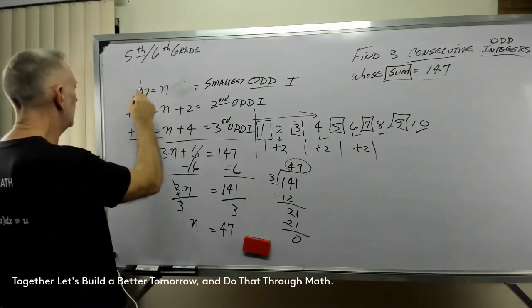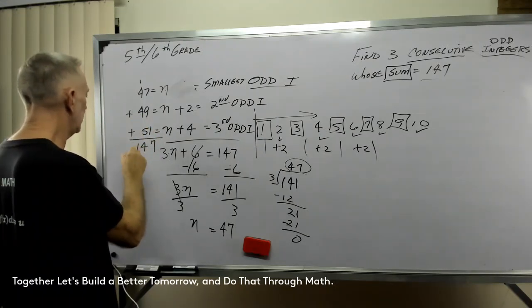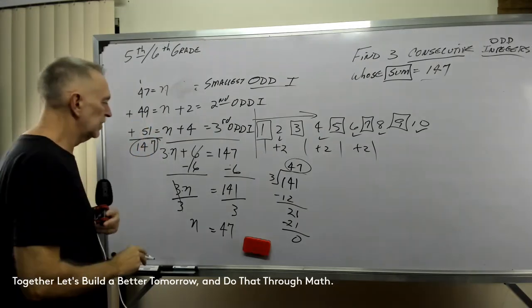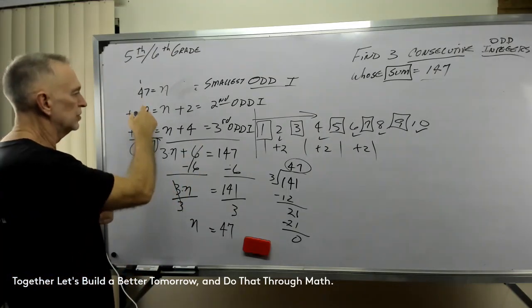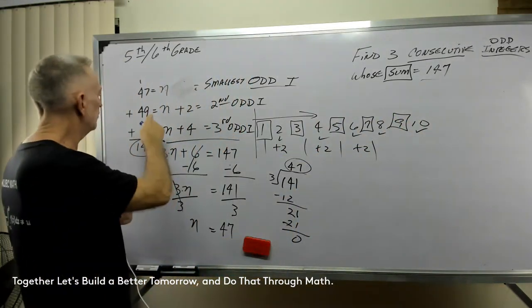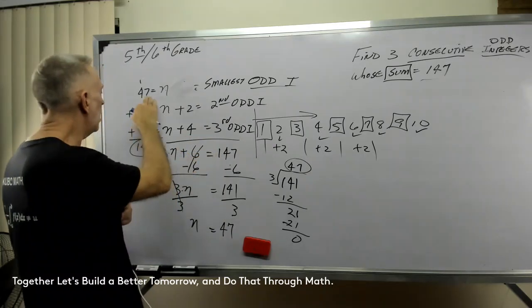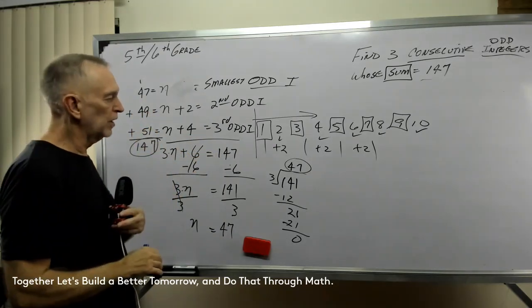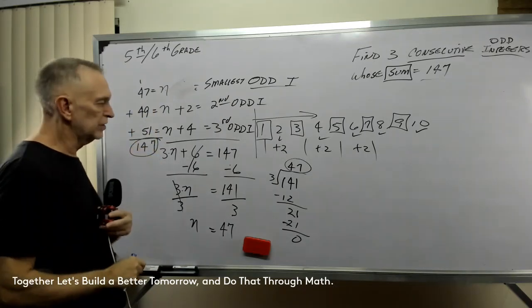Carry the 1. 5 plus 5 is 10 plus 4 is 14. 147. So the 3 consecutive odd integers on my number line would be 47, 49, 51. And they add up to be 147.